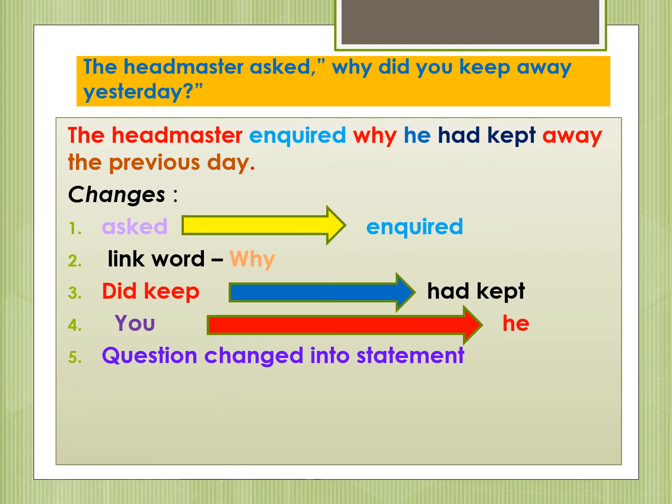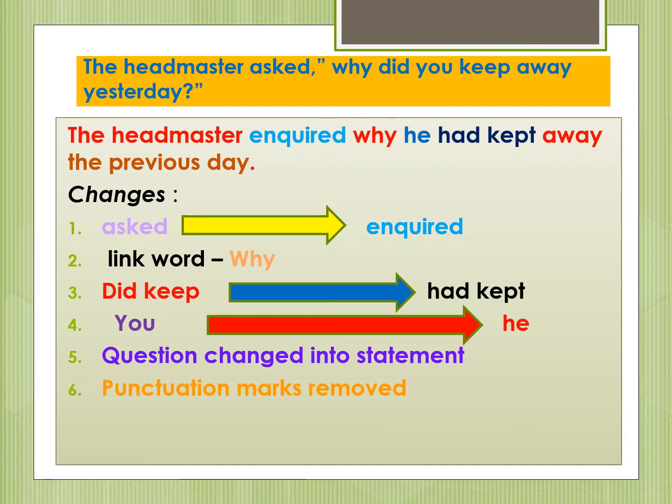Next change, question changed to statement. Why did you keep away yesterday? It is a question, so this question is changed to a statement: why he had kept away the previous day. So question changed to statement.